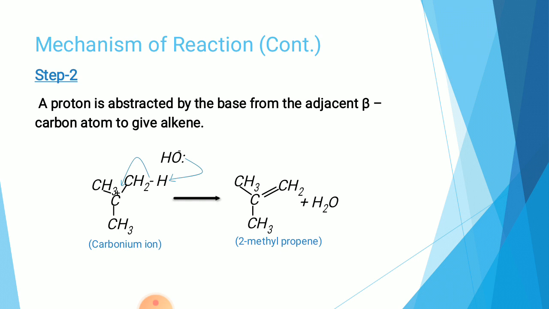What happens in the next step after forming the carbonium ion is that the proton is abstracted by the base from the adjacent beta carbon atom to give alkene.